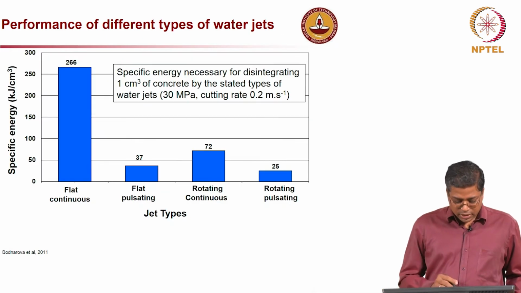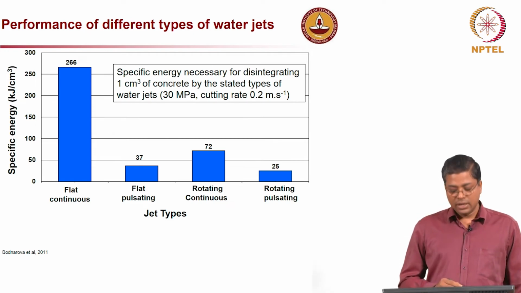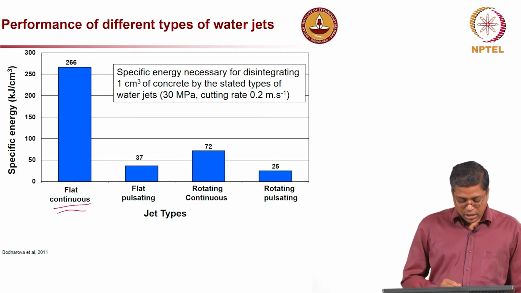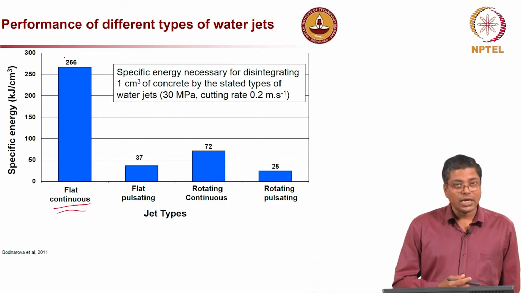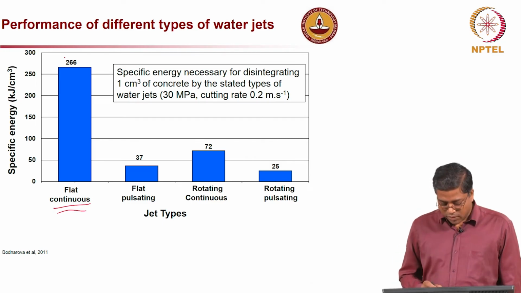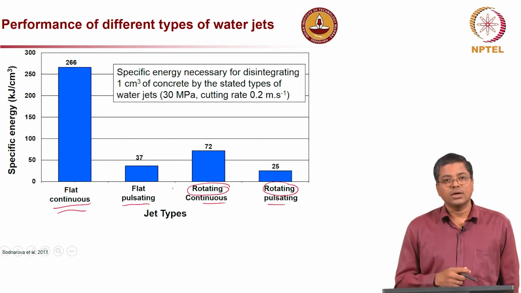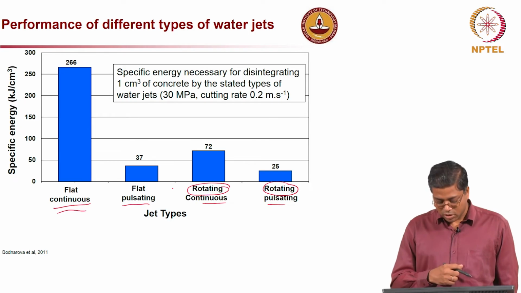Okay. And this is a graph showing the difference very clearly. When you have a flat and continuous jet, the energy required to remove the same amount of concrete is very high, whereas with a pulsating jet, or even a continuous one that is not a flat water spray, it requires less energy to remove the same amount of concrete.